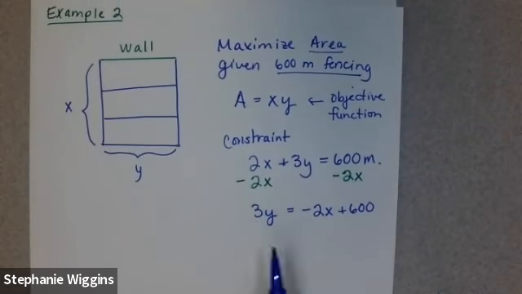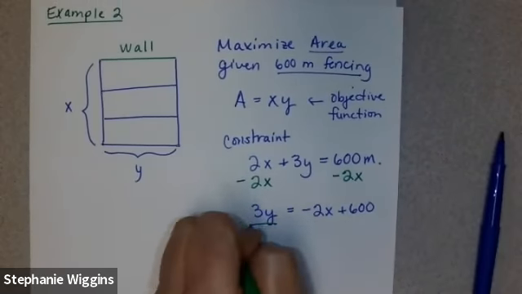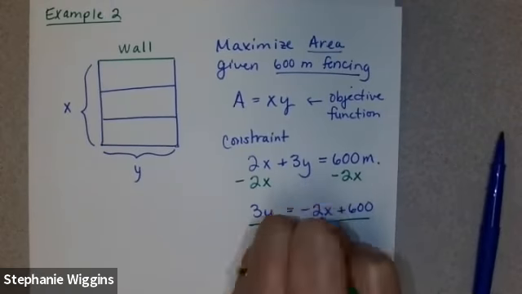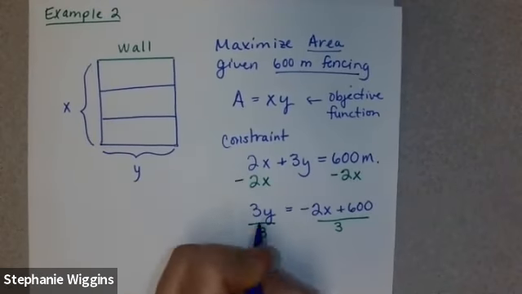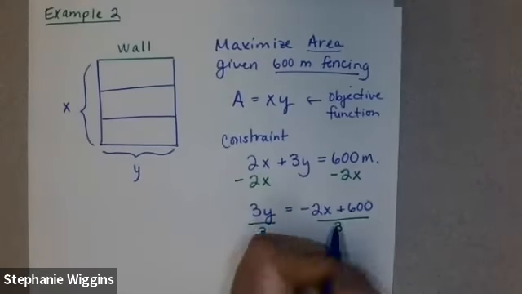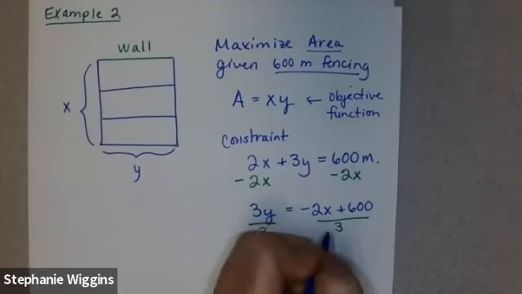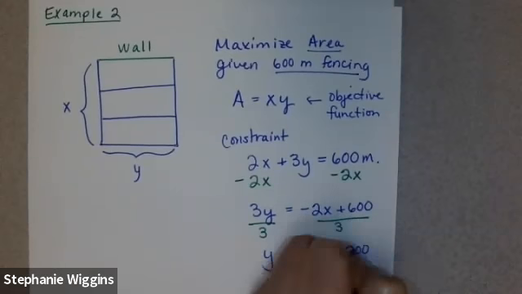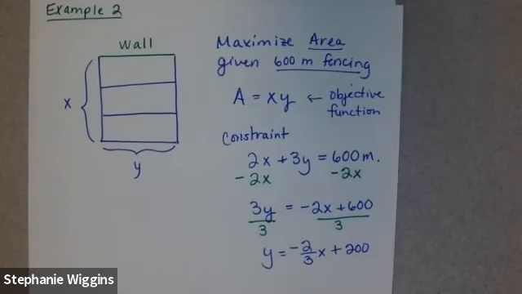Then I want to divide both sides by 3. And so that gives me Y equals negative 2/3 X. And then 600 divided by 3 is 200. So plus 200.